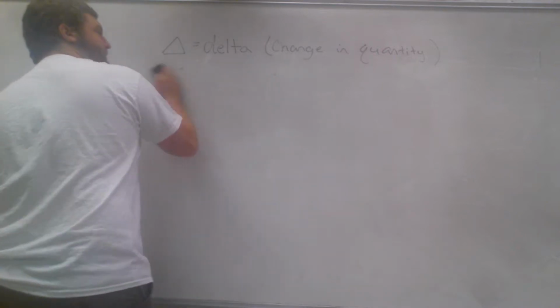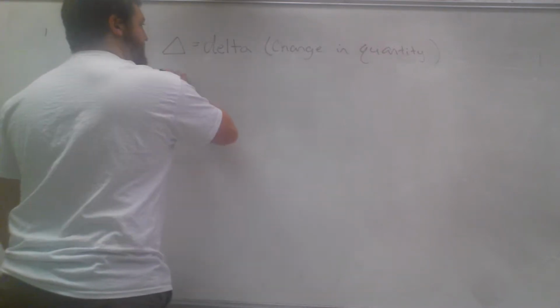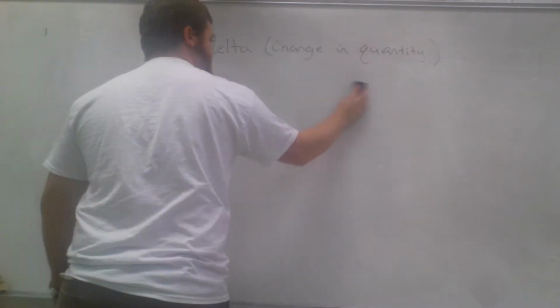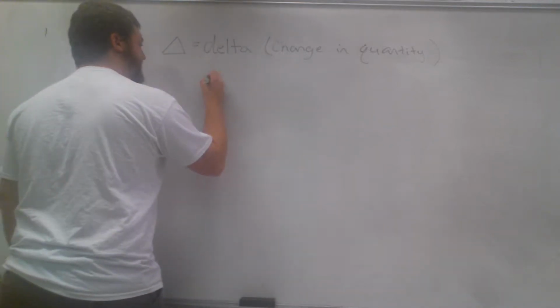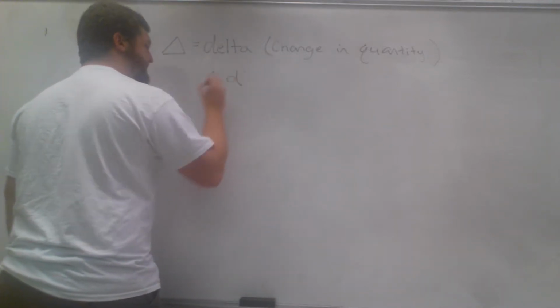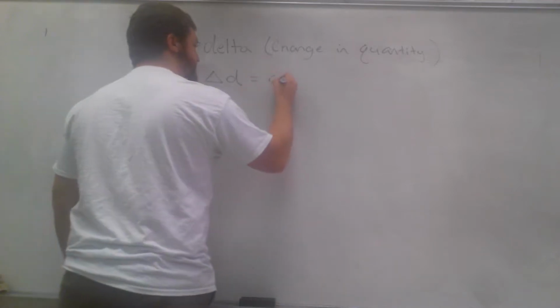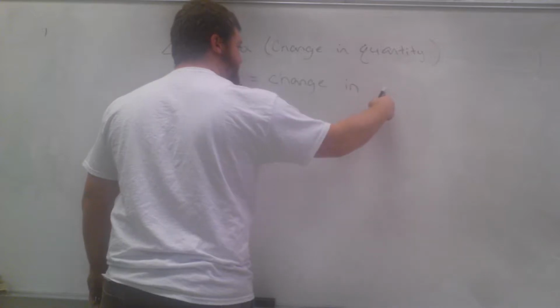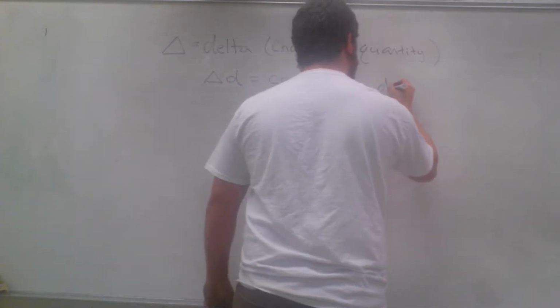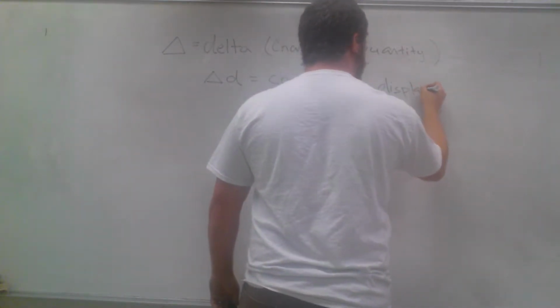Okay, so what we're going to do is, I'm going to leave this change in quantity up top so you remember that. So if I have this, I have delta D. That means what? The change in what? No, not distance, displacement. Okay?